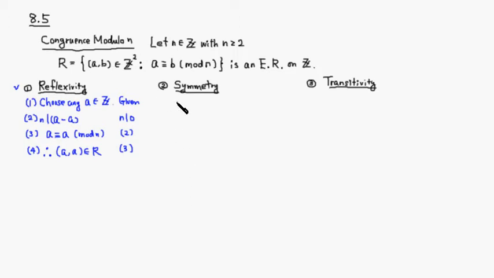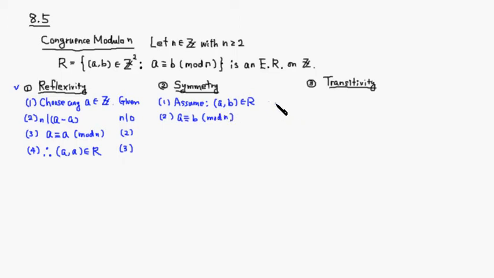Let's check symmetry. First line: we assume that a is related to b by this relation R. Then by definition of this relation, this implies that a is congruent to b mod n.